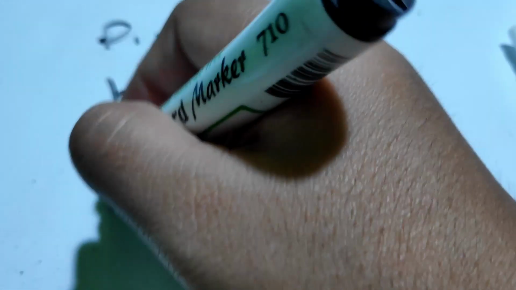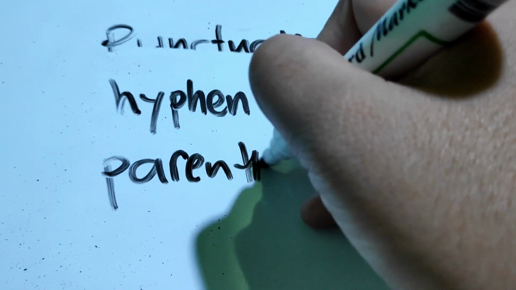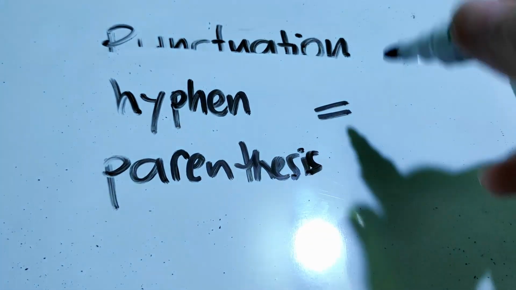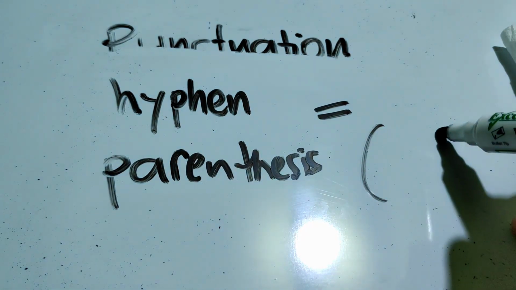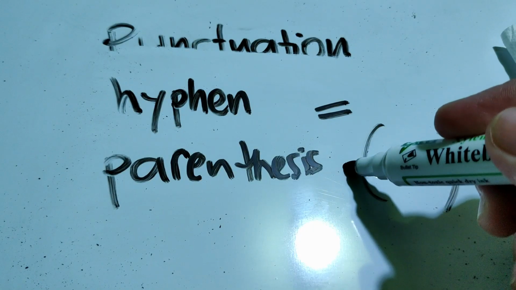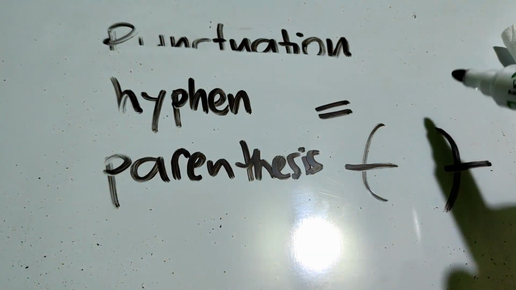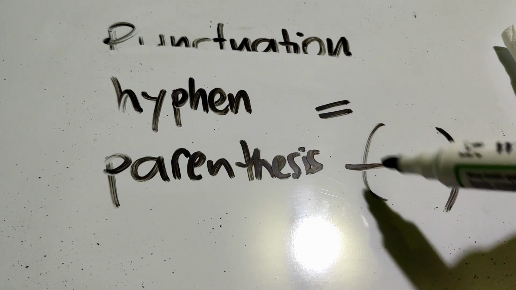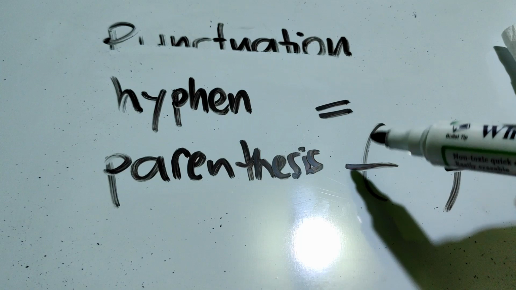Last type of punctuations is the parenthesis. Okay, for the parenthesis, pareha siya sa parenthesis sa atong normal nga writing, pero naa siya duha ka linya sa isig ka kilid. So this is your hyphen and this is your parenthesis.